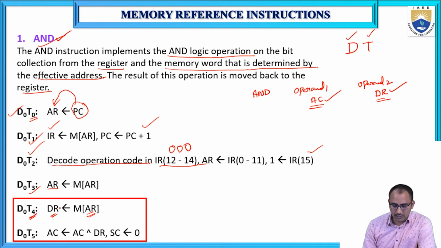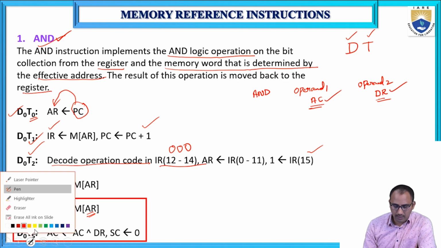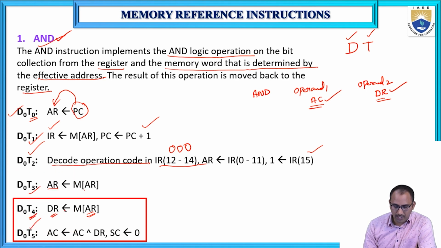After copying to the data register, during T5 we perform the AND operation between the accumulator register and the data register. Finally, after performing the AND operation, the result will be stored in the accumulator itself.